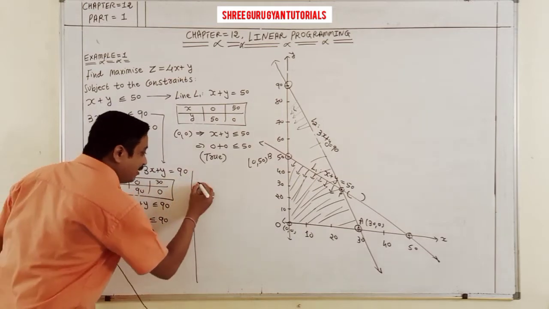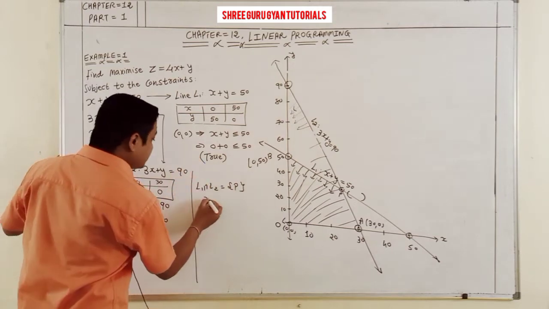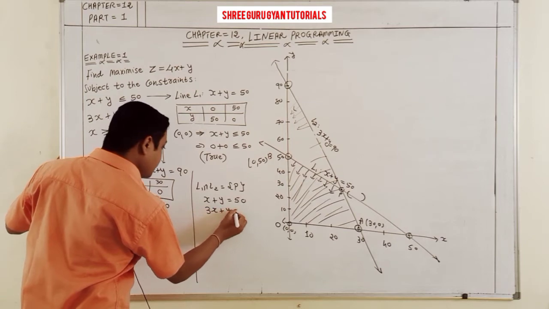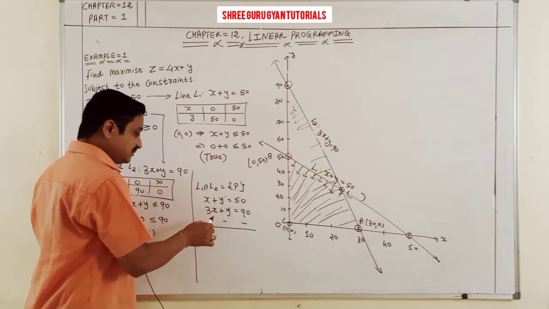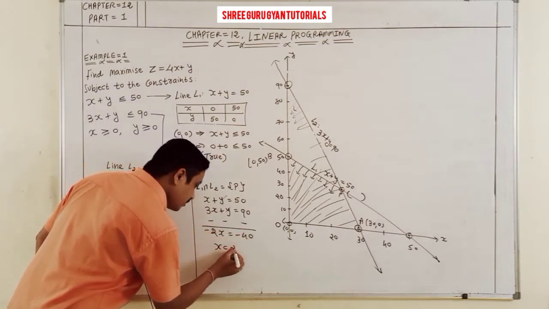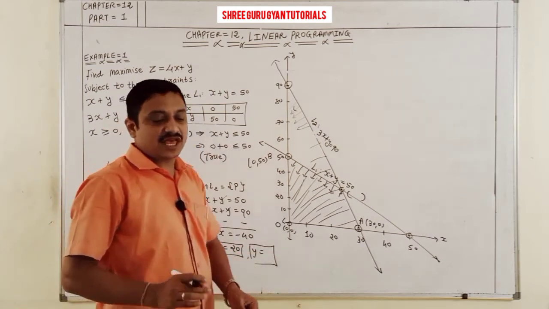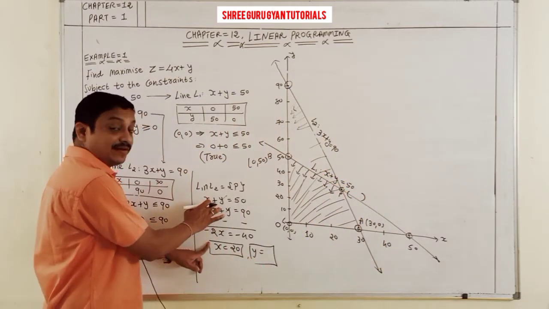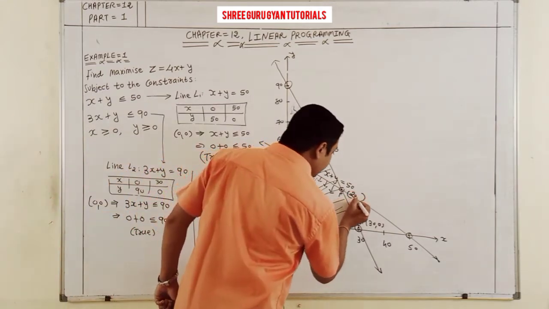L1 intersection L2 is P; L1 is x + y and L2 is 3x + y. Subtracting, the y cancels, giving 2x = 40, so x becomes 20. Put x = 20 here: 50 minus 20 is 30. So this point is (20, 30).